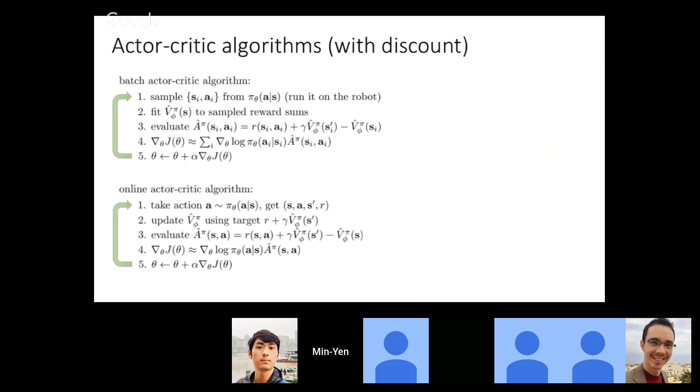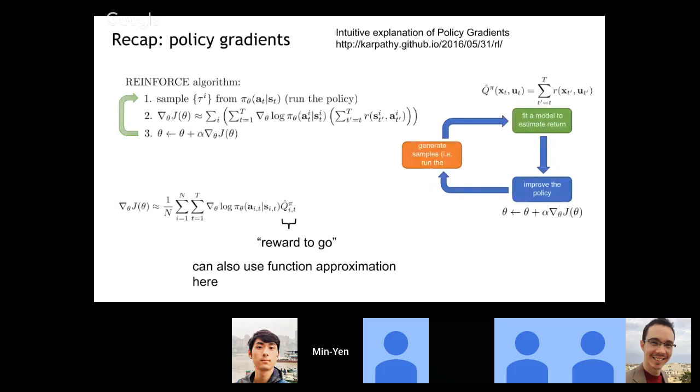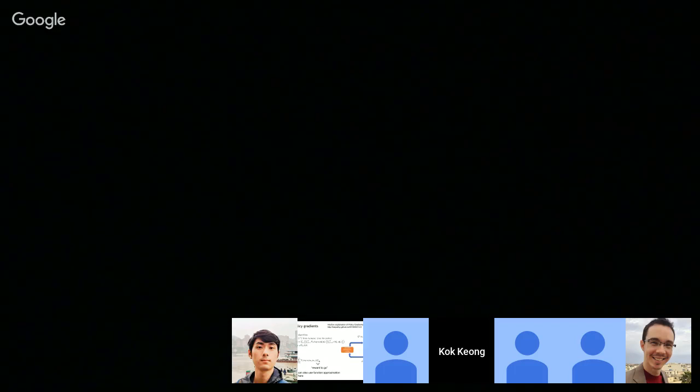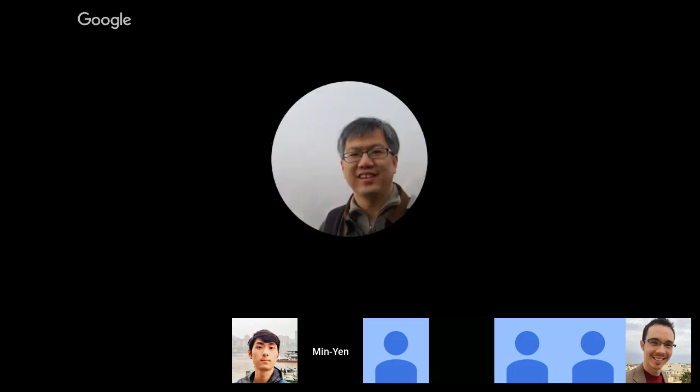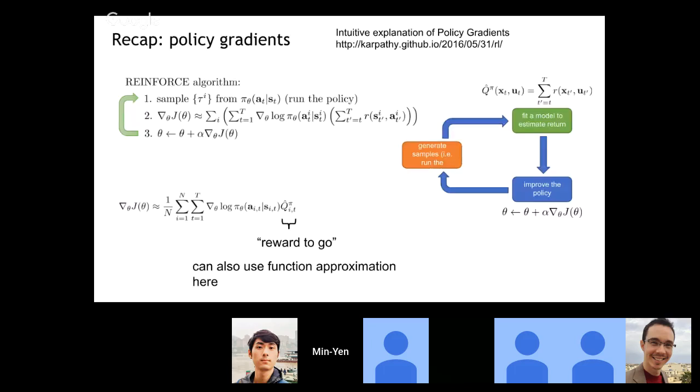We then discussed how to estimate this value, either as a Q value or with function approximations. We also discussed baselines and how to reduce the variance of this prediction.